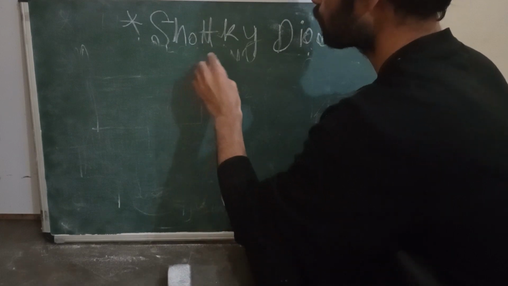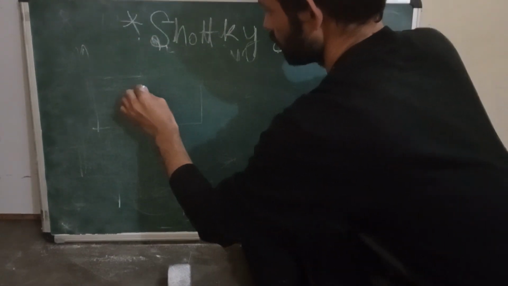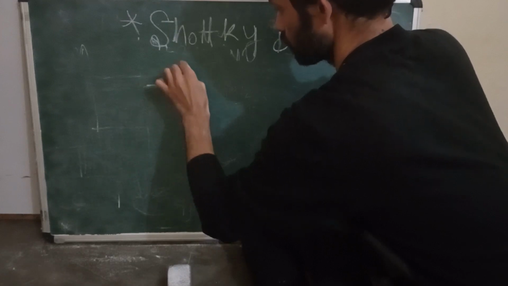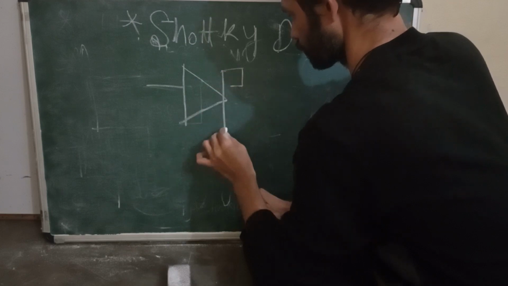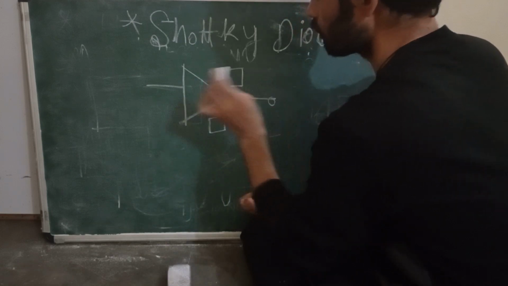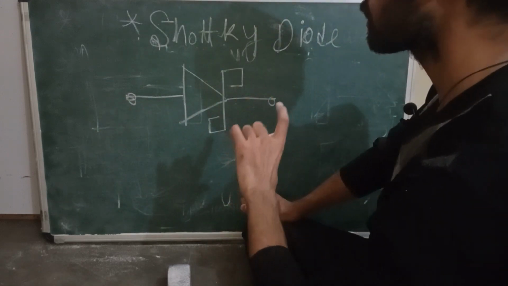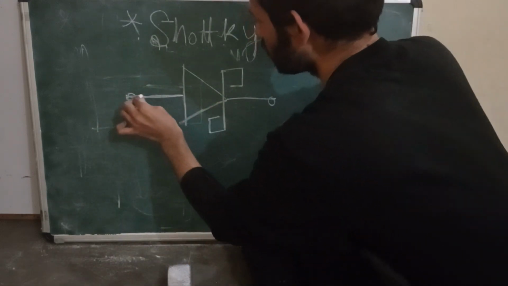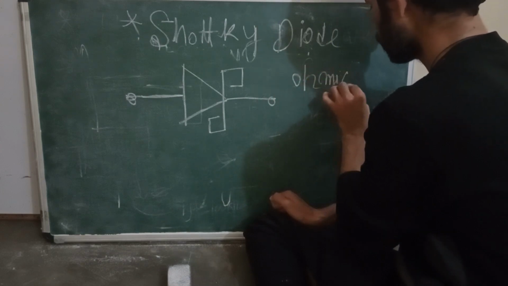In the Schottky barrier diode, what type of contact will you get? Ohmic contact.